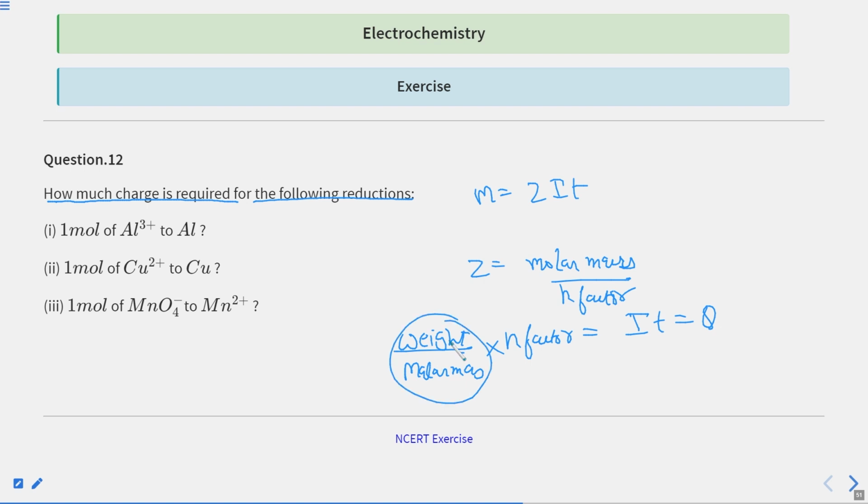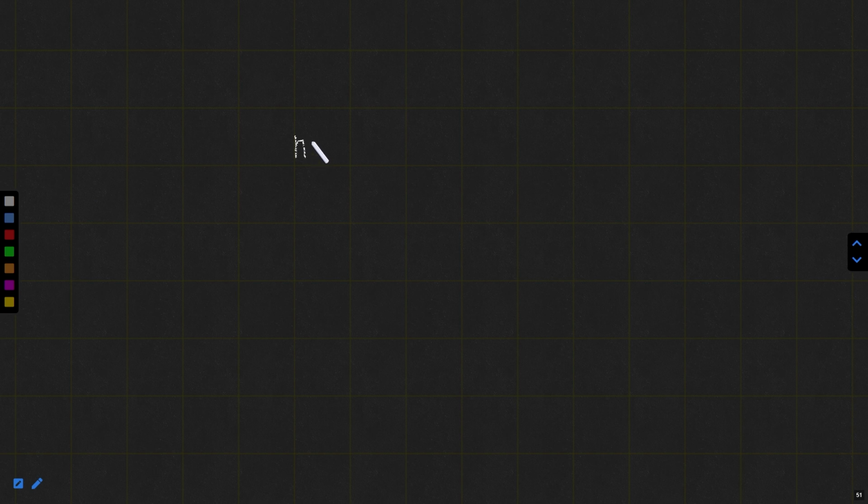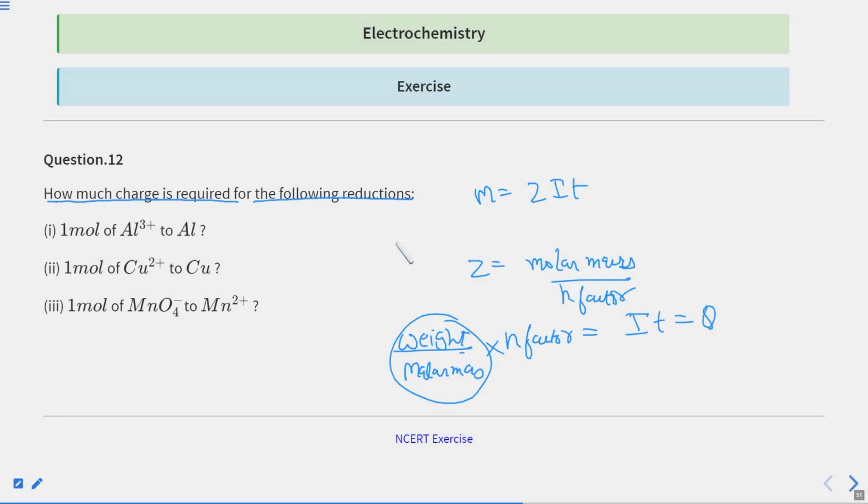And this one is what? Number of moles. So we can write a new formula: number of moles multiplied by N factor is our Q. And we have to calculate this Q only. So Q will be equal to, what is the number of moles?